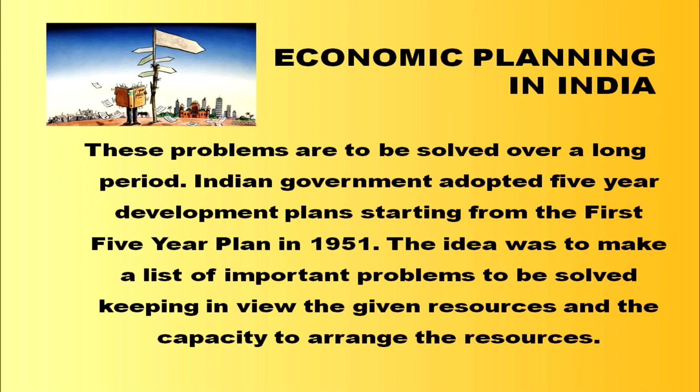Indian government adopted 5-year development plans starting from the first 5-year plan in 1951. The idea was to make a list of important problems to be solved, keeping in view the given resources and the capacity to arrange the resources.